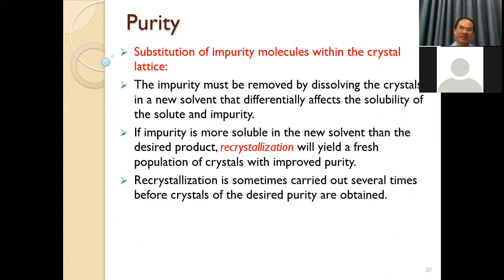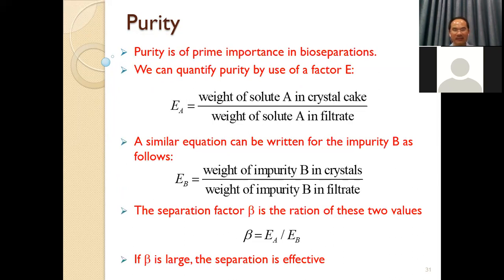We cannot solve this by adjusting the washing conditions. For this case, you have to crystallize again. This is the difficult problem that we have to solve, only by recrystallization. Recrystallization means crystallization again. This is the impurity possible in 4 ways.